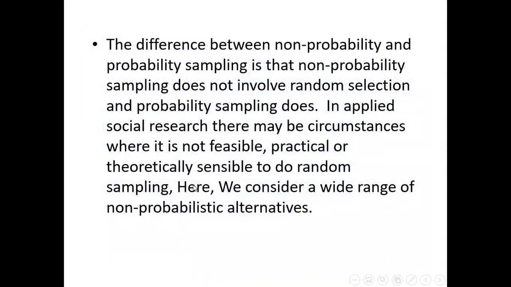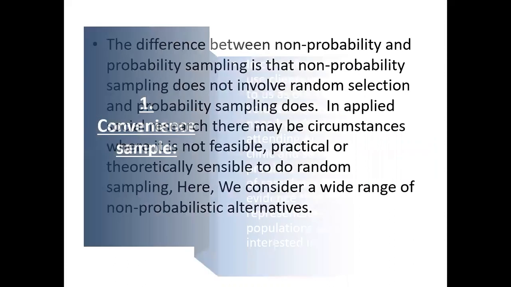The difference between non-probability and probability sampling is that non-probability sampling does not involve random selection, and probability sampling does. In applied social research, there may be circumstances where it is not feasible, practical, or theoretically sensible to do random sampling. Here, we consider a wide range of non-probabilistic alternatives.